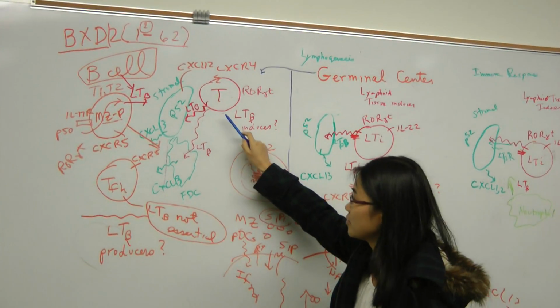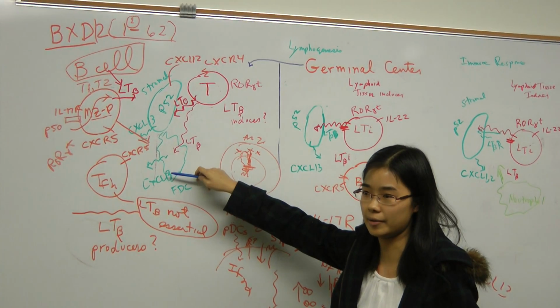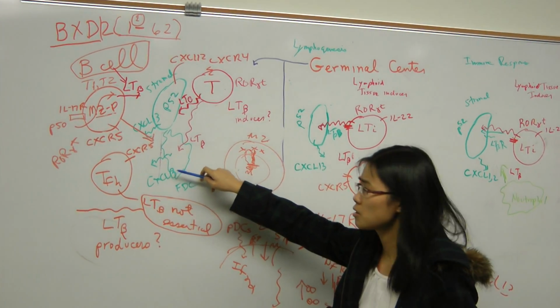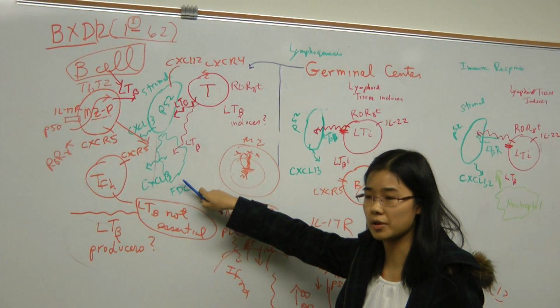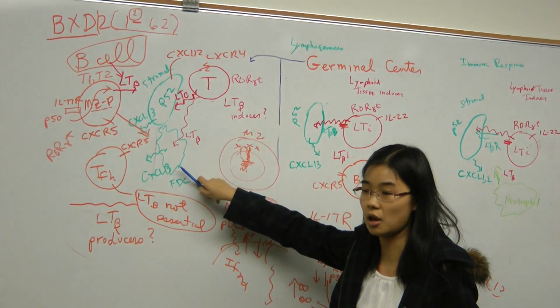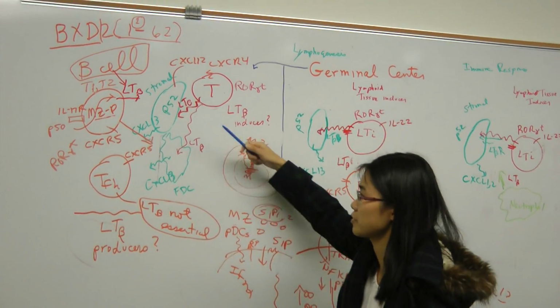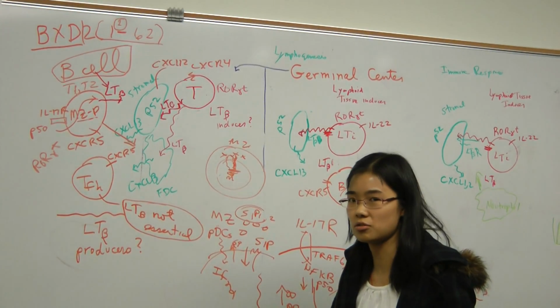Right. And then he said the FDC is actually located in the germinal center. So I think many people said that FDC is actually stromal cells originate from the stromal cells. So I think these two kinds of cells may be just similar.